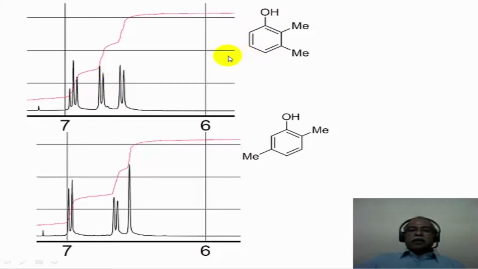Finally, this is coming as a triplet, and this is a very characteristic pattern of the 1,2,3 tri-substituted derivative like this. Here you see only major ortho coupling in all the multiplets. There is hardly any meta coupling seen in these multiplets. And if you go to a higher resolution spectrum, this is a 300 MHz NMR spectrum. If you go to a 500 or 600 MHz spectrum, maybe one could see the meta coupling, which will be a very small coupling in this case.